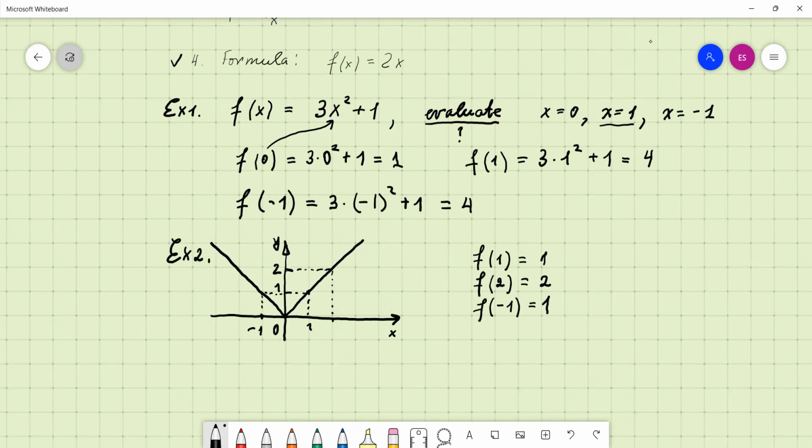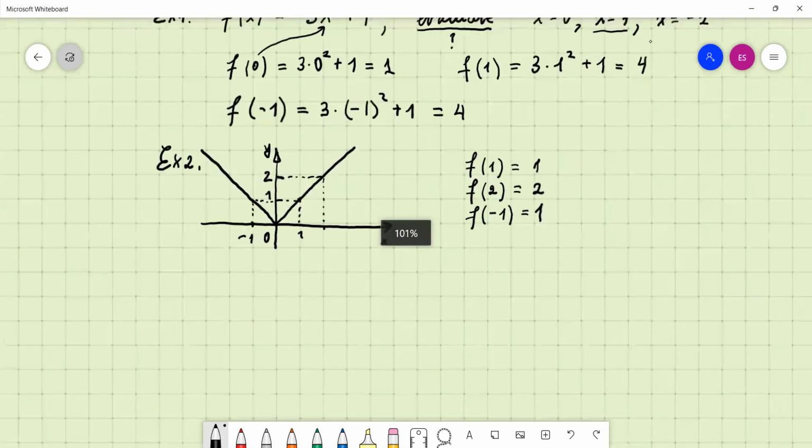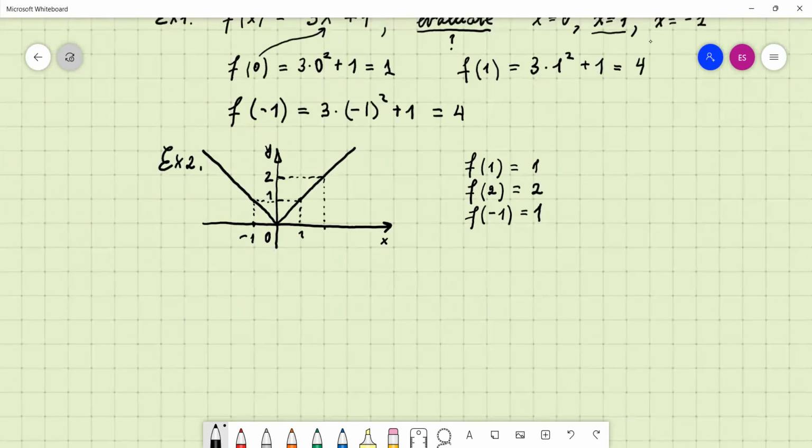Now, as I said before, all possible x's, the set of x's, make up the domain. And we can find the domain using our math skills.